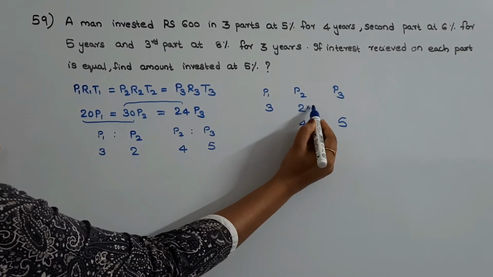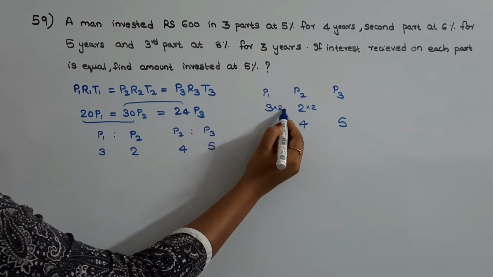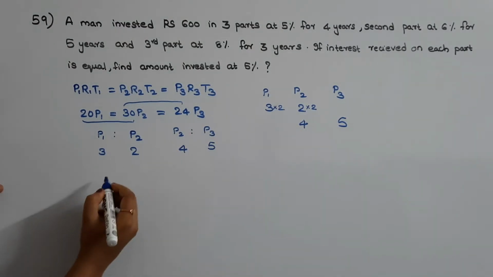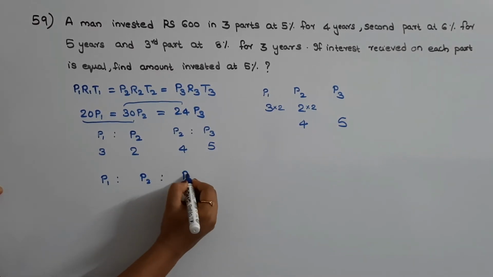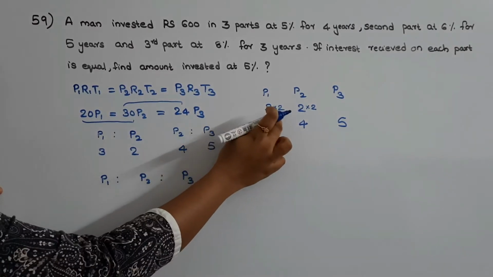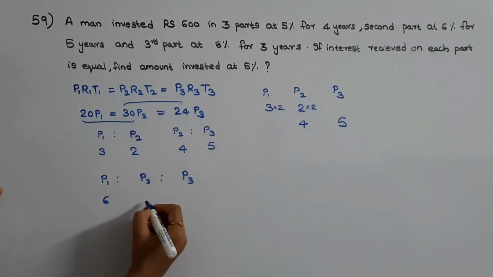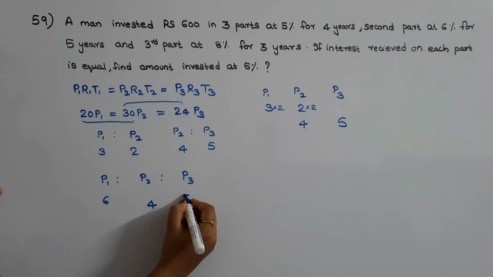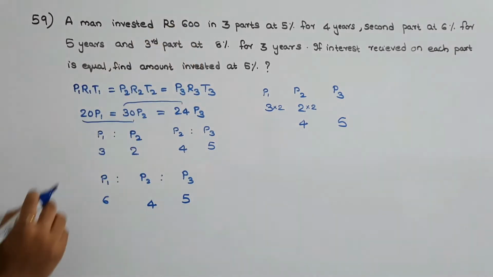Multiply this 2 by 2. If you are multiplying here, you need to multiply here also by 2. Hence P1 is to P2 is to P3 will be equal to 3 into 2 is 6, so 6 is to 4 is to 5.